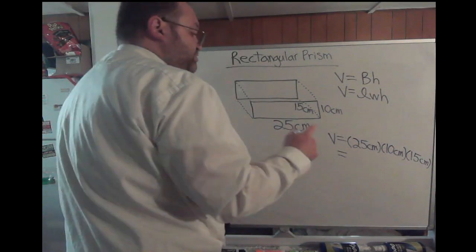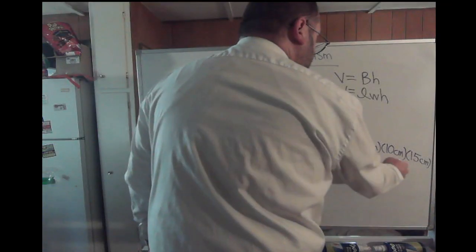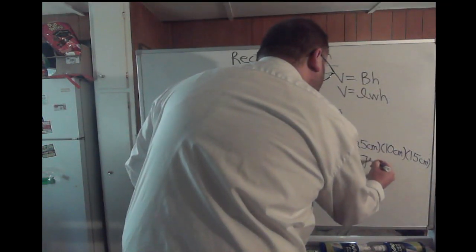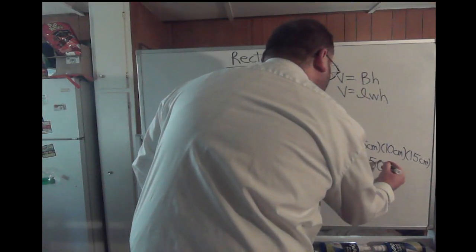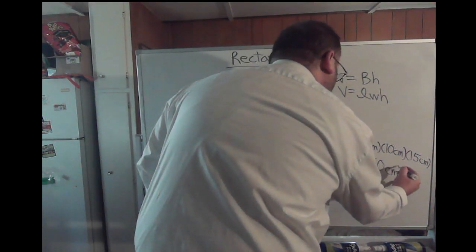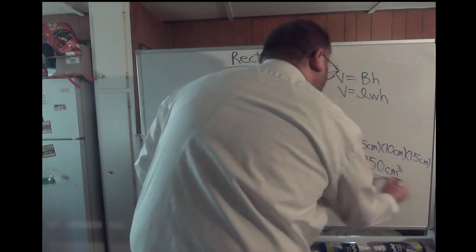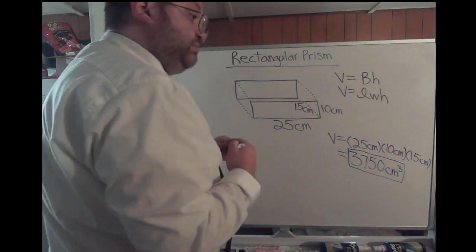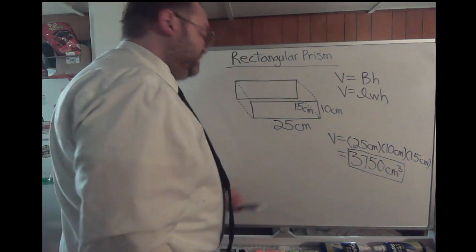So when we do the multiplication, 3,750 cubic centimeters is what you would get. So the volume of this prism is 3,750 cubic centimeters. That's exactly what you would get.